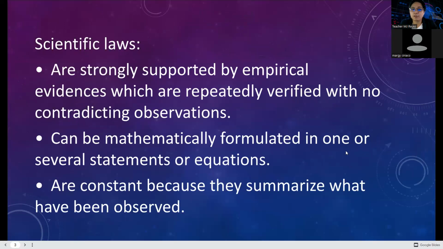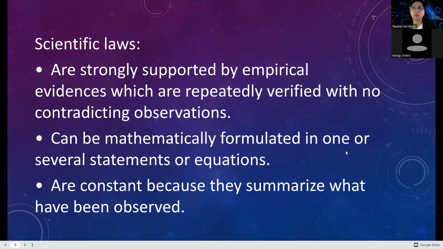Scientific laws are strongly supported by empirical evidences, which are repeatedly verified with no contradicting observations, number one. Number two, these can be mathematically formulated in one or several statements or equations. And number three, are constant because they summarize what have been observed.